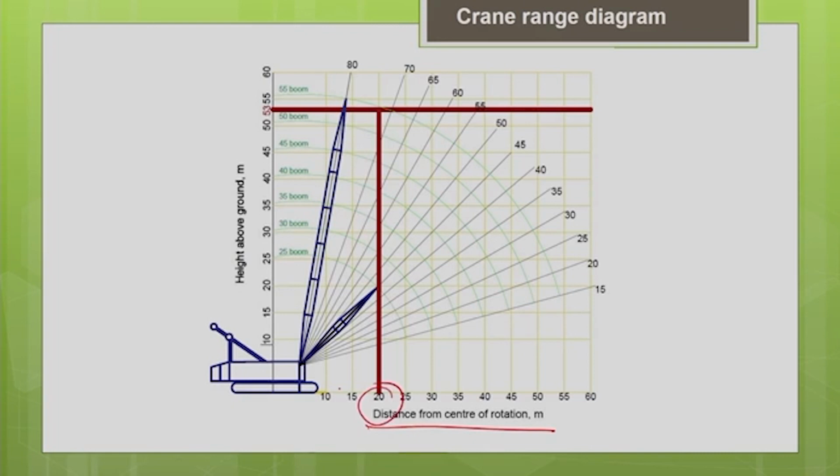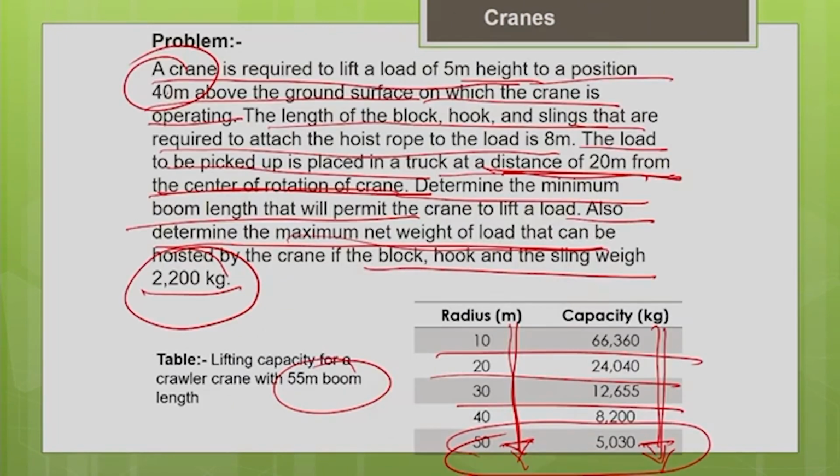And what is the vertical height needed? You have to lift the load to a height of 40 meters above the ground surface. The height of your load is given as 5 meters, and above this you have the sling and the rigging device.